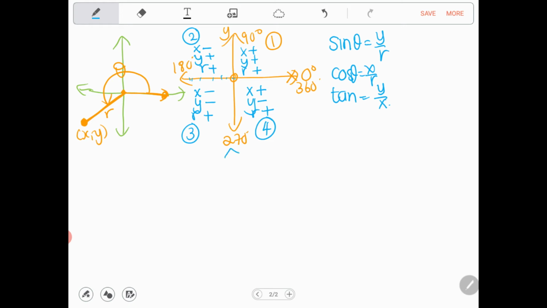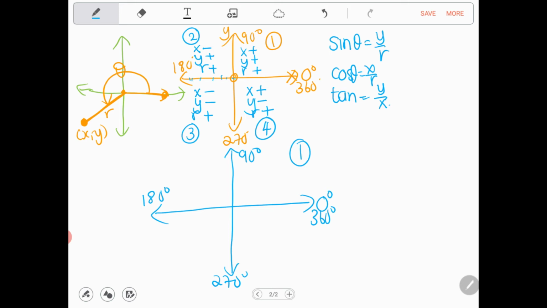So let's do this again. 0, 90, 180, 270, 360. So in quadrant 1, we've got x, y, and r that are positive.